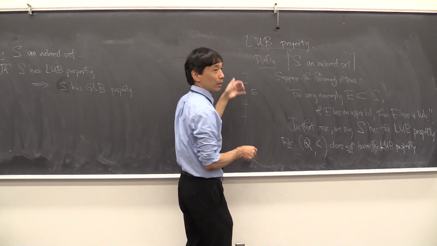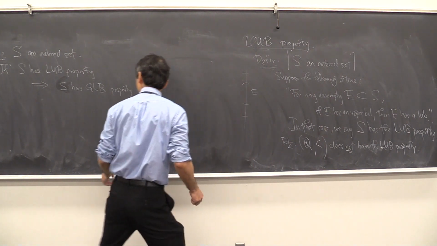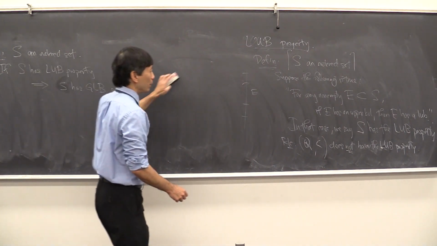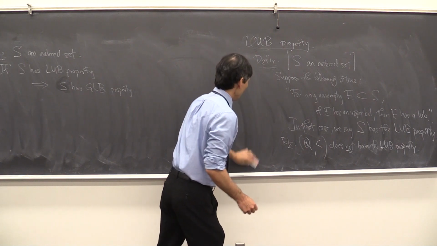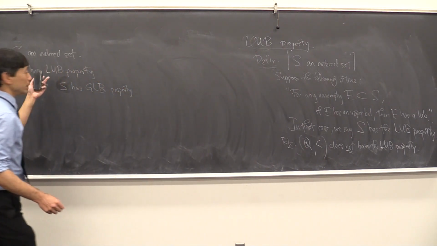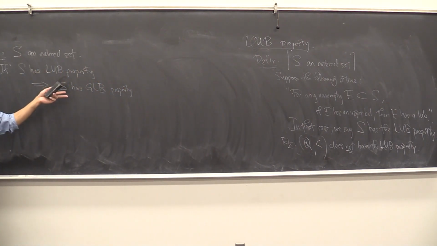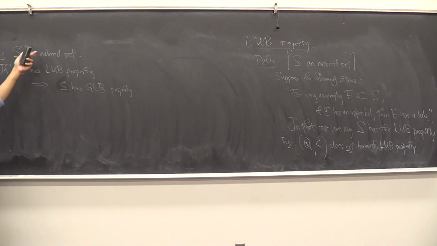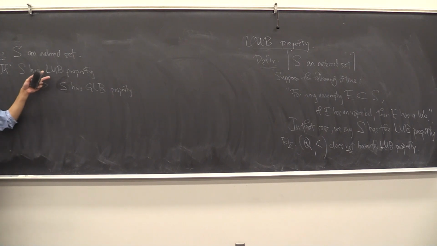How come we don't talk about that? The reason is that whenever you have the least upper bound property, you have the greatest lower bound property. So if an ordered set has this property, it's going to have this property, and vice versa. So these are equivalent properties.